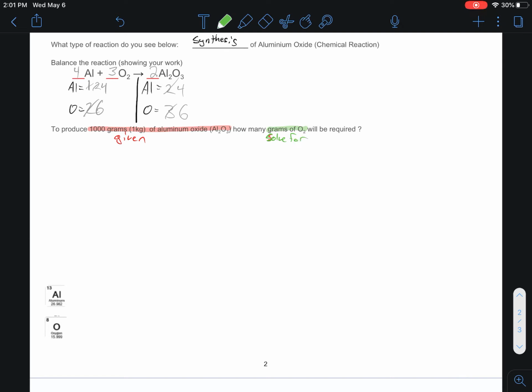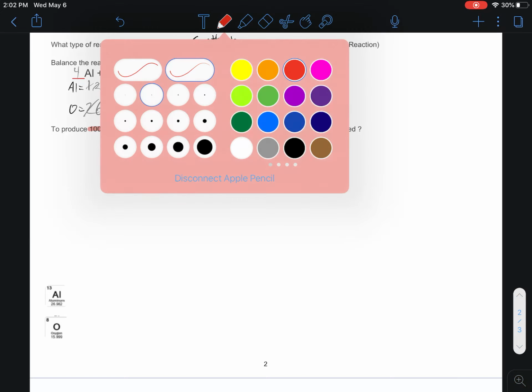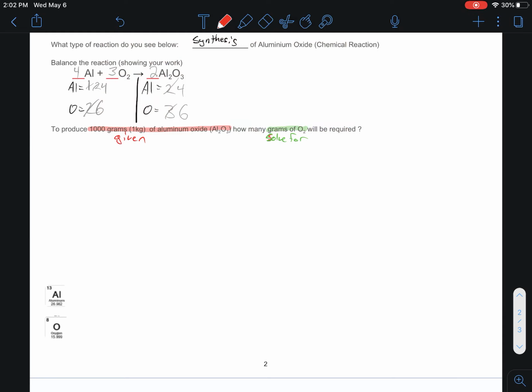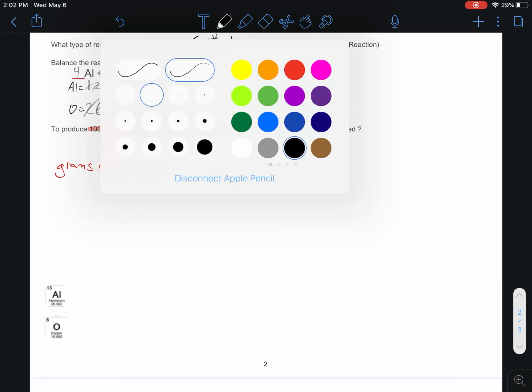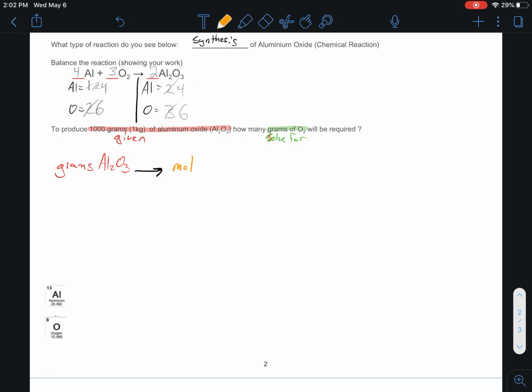So again, we need 3 conversion factors to do this. We start with what we're given. We go from grams of Al2O3 to moles Al2O3.